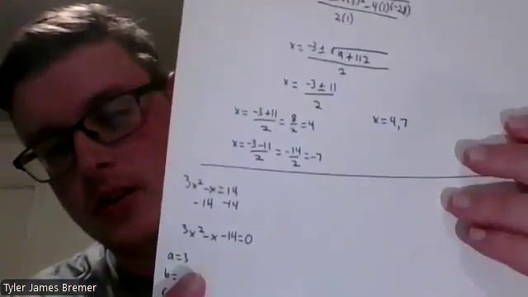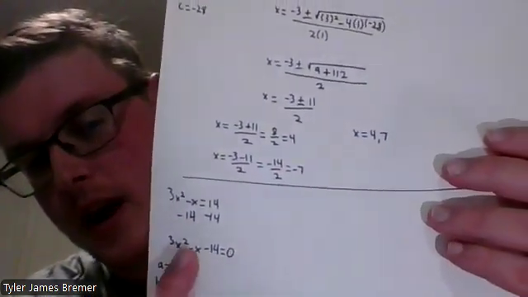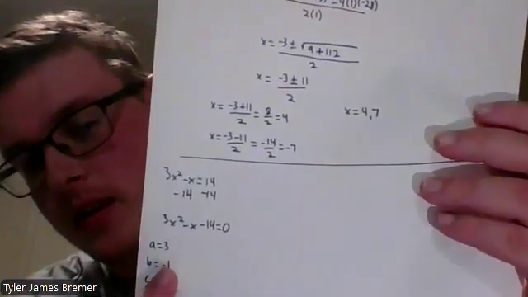After that, you figure out what your A, B, and C are. In that one, A equals 3, B equals negative 1, and C equals negative 14. That's done again by just looking at the front part. So then we'll do the quadratic formula. x equals negative b plus or minus the square root of b squared minus 4ac all over 2a.